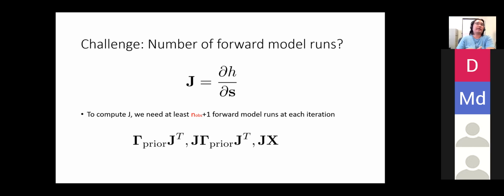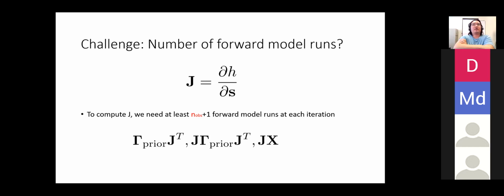In our science, on the other hand, we usually run one simulation, like atmospheric modeling, and it would require about 1 hour or something like that, or even 1 day for the simulation. Then typical inverse modeling requires at least 10,000 or 100,000 simulations.